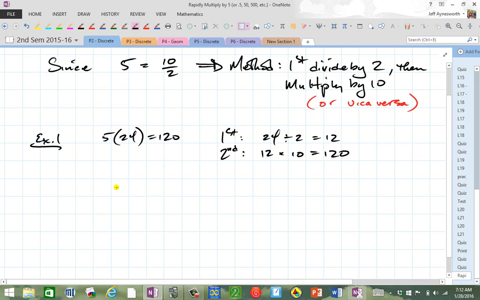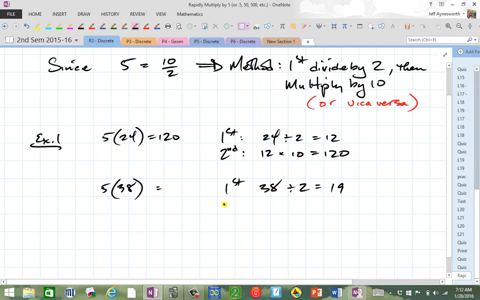All right, let's do another one. Let's do 5 times 38. First you take 38 divided by 2. Half of 30 is 15, half of 8 is 4, 15 plus 4 is 19. I just took half of both. Do that in your head.